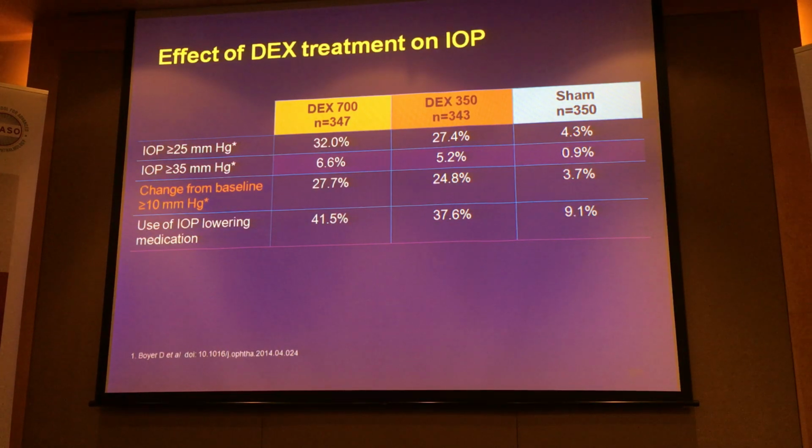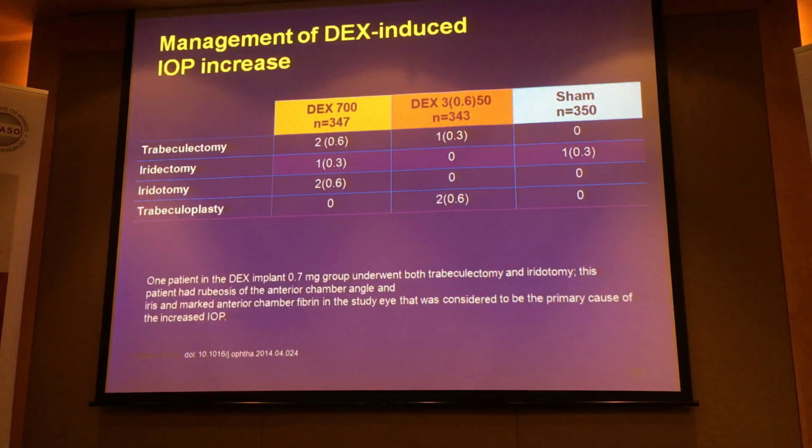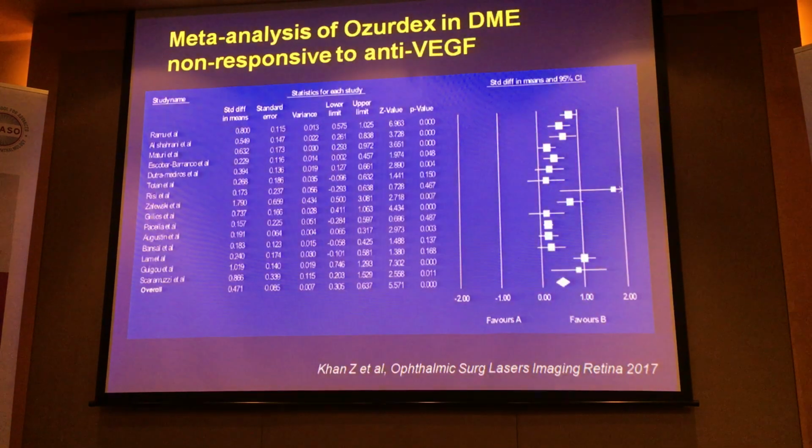That's a lot. So I think you cannot run away from these 2 adverse effects: pressure and cataract. You have to be prepared to manage them and also to counsel patients about this.